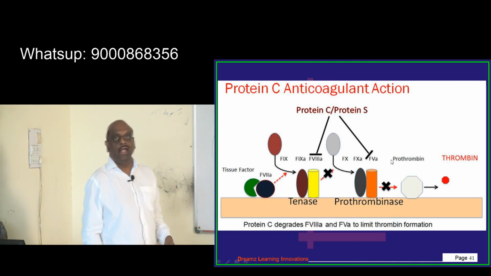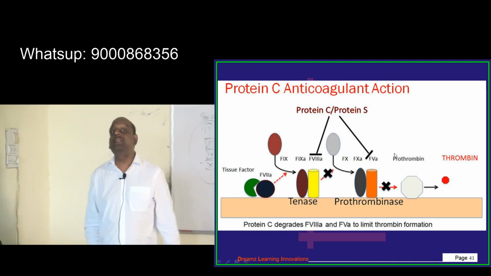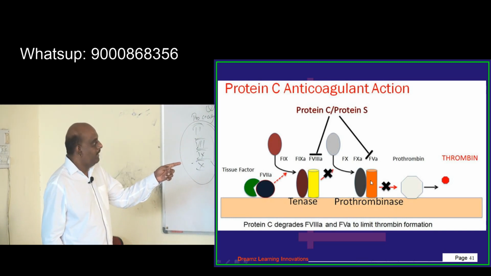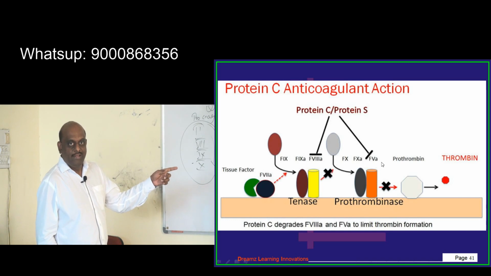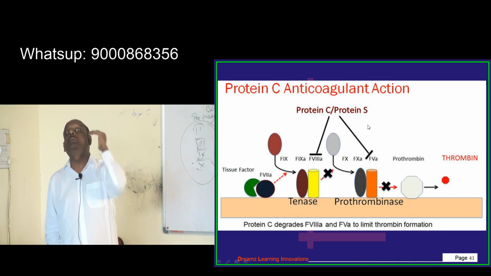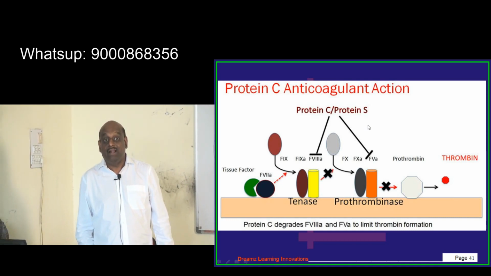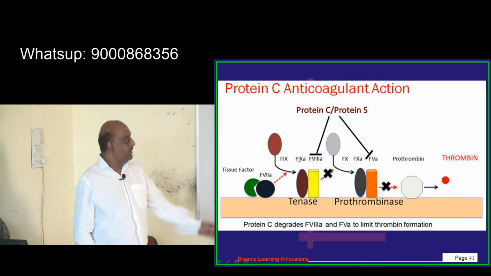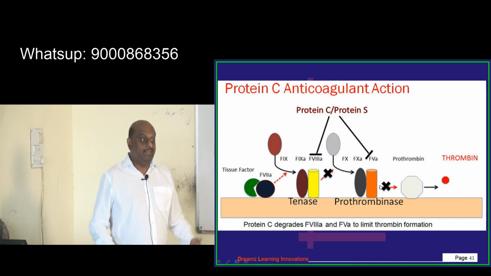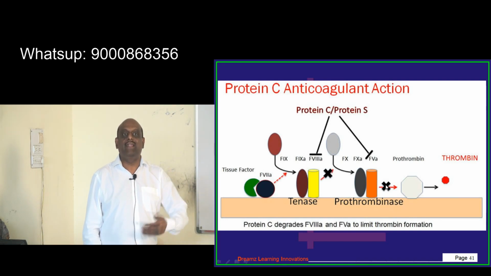Few people have factor V Leiden. What is the meaning of factor V Leiden? In those people, the factor V, which is normally degraded by the protein C, protein S, cannot be degraded. Factor V Leiden mutation people. So that is the reason the factor V activity becomes unopposed, and that is the reason they develop the thrombotic tendency.